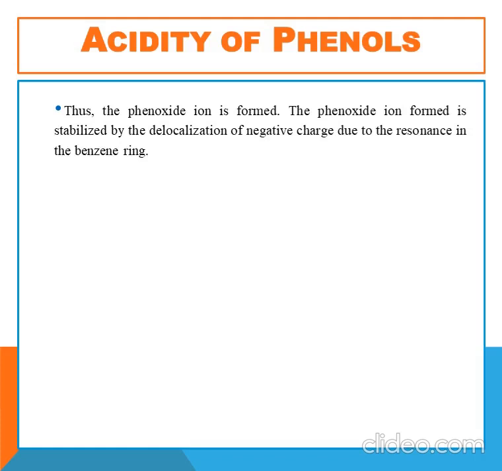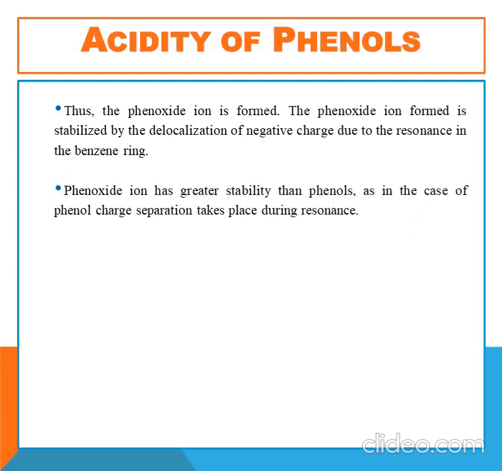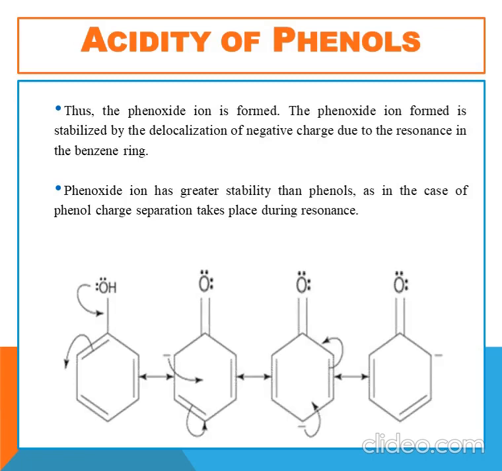So this way the negative charge is delocalized and hence the stability of the phenoxide ion increases. The phenoxide ion has greater stability than phenol, as in the case of phenol, charge separation takes place during resonance. So these are the resonating structures we have already discussed.